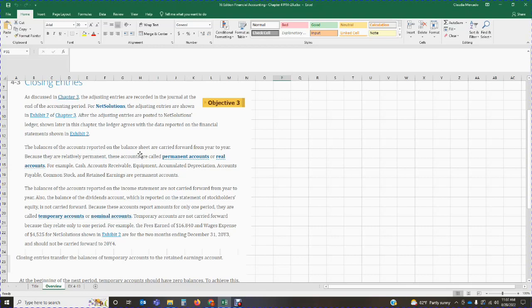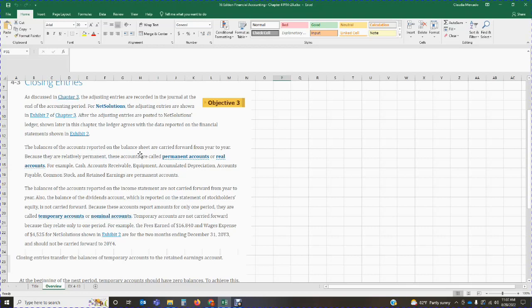But if you are just going from year to year in your business, those are known as your permanent accounts. So any balances on any of your accounts on the balance sheet are permanent or real accounts. Okay, this includes your cash, your receivables, your equipment, your accumulated depreciation, your accounts payable, your common stock, retained earnings. Any account that you see on a balance sheet is a permanent account.